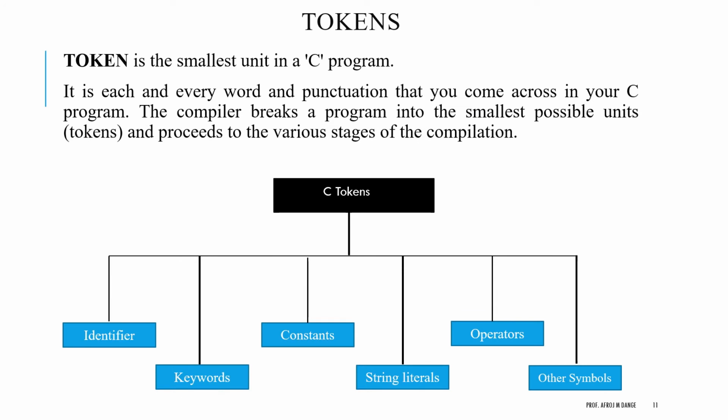It is each and every word and punctuation that you come across in your C program. The compiler breaks a program into the smallest possible units, that is tokens, and proceeds to the various stages of compilation. That means these are the 6 types of tokens.